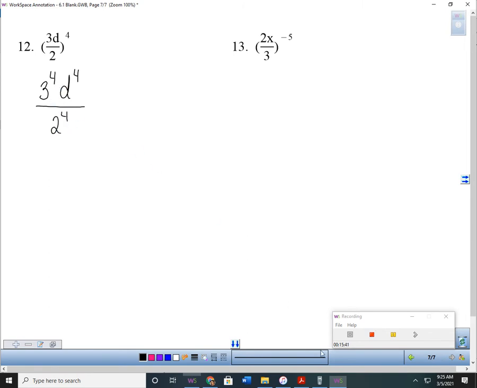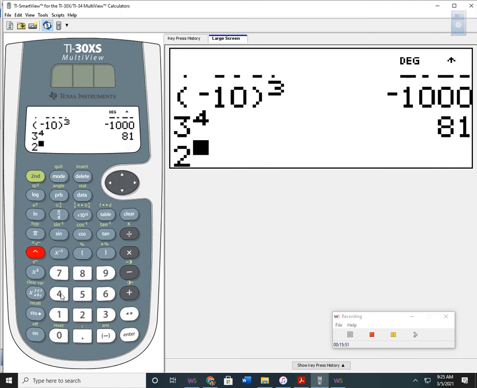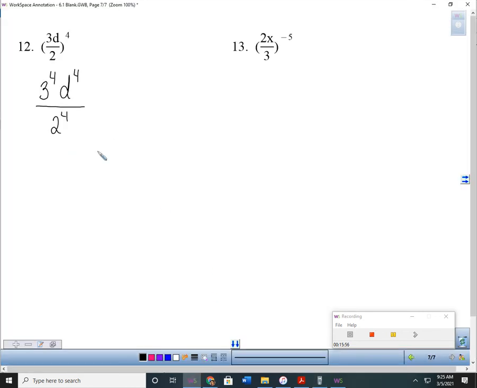So I have 3 to the fourth, that's 81. And I also have 2 to the fourth, right? Which I believe we did a while ago. So 81 and then the 16. So 81 d to the fourth over 16.